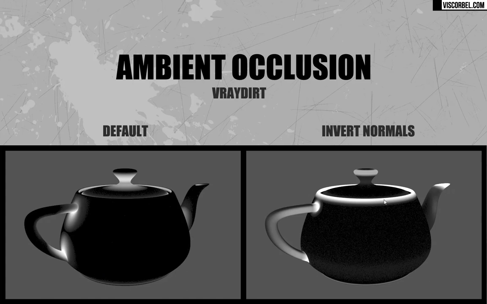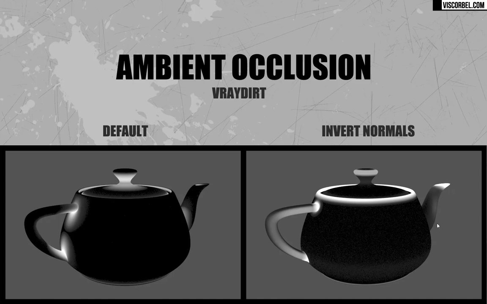And you can also use it with inverted normals, which gives another very useful effect, but instead this effect is applied on the outer edges or the outer corners of the object. And you can also use the bias values of the VRAYDIRT to kind of shift the dirt effect in any of the 6 directions: up, down, left, right, forward, backward.